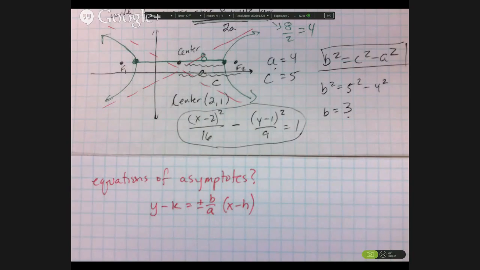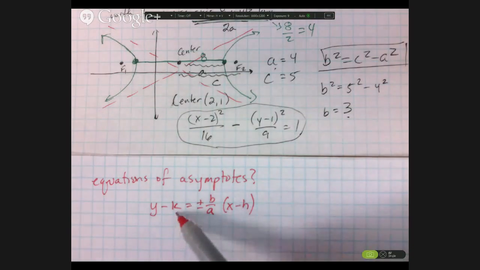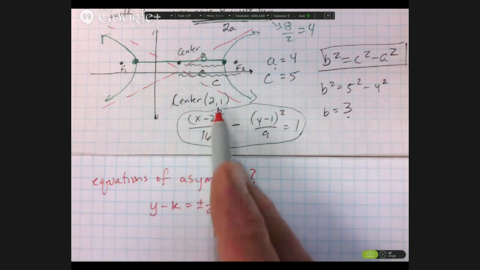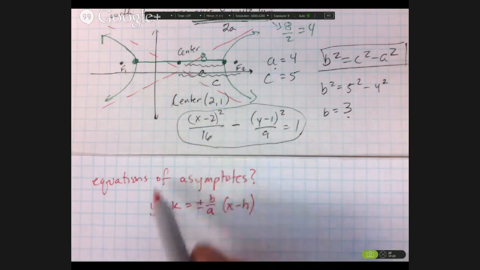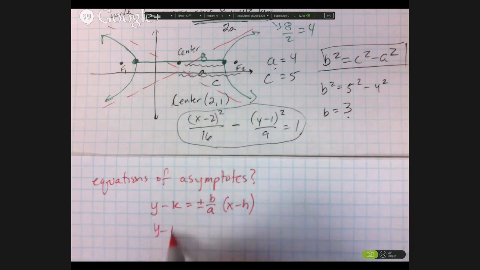All right. This is point slope form. You guys have seen point slope, right? Well, I guess we'll find out. Okay, what's K? Yeah, on here. K and H come from the center. Well, it's 1. B is 3.